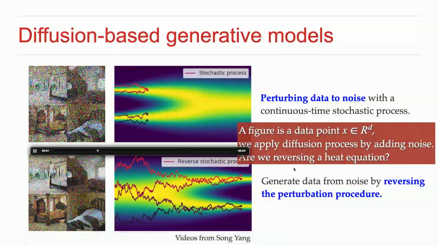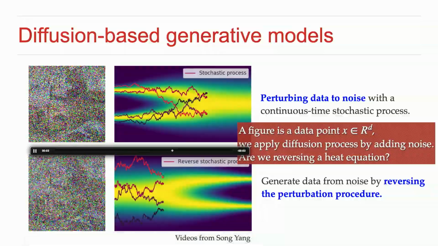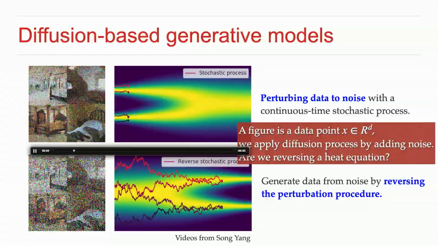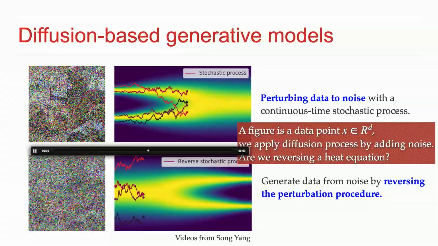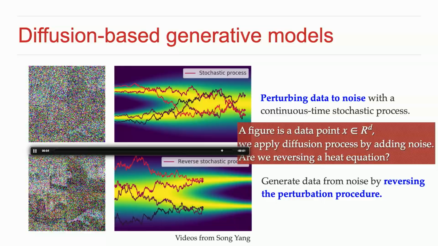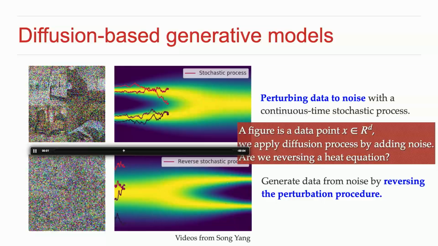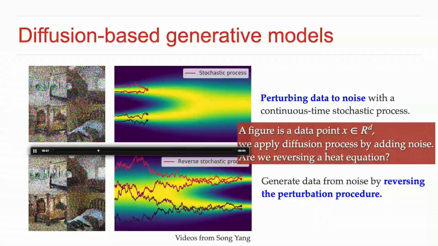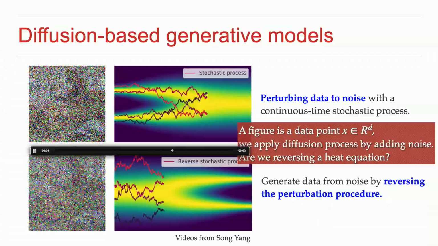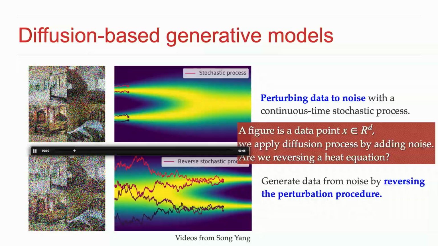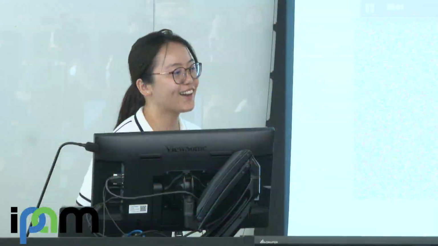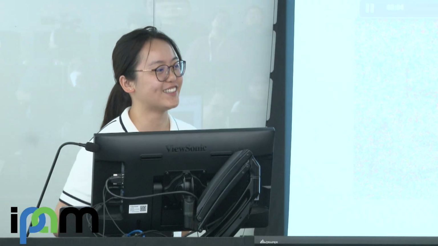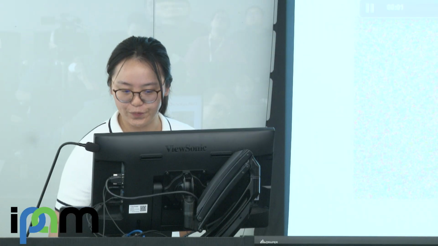If you think about it, a picture is a data point in some high dimension. Adding noise is like applying a diffusion process. The reverse stage sounds like we are trying to reverse a heat equation, which is really like the first PDE class: you cannot reverse a heat equation.